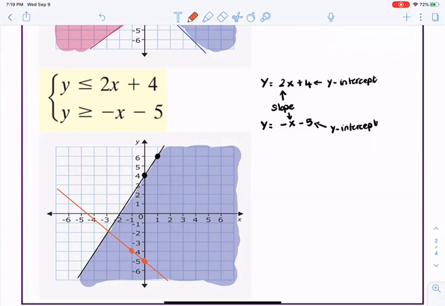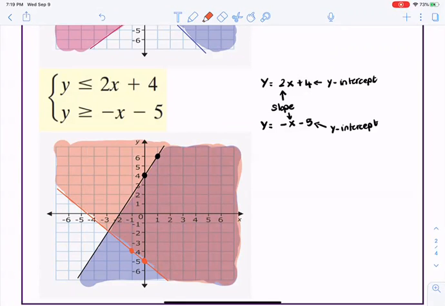And the inequality states that the solution is everything above. So that would be the entire region.